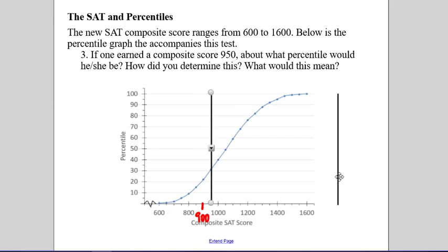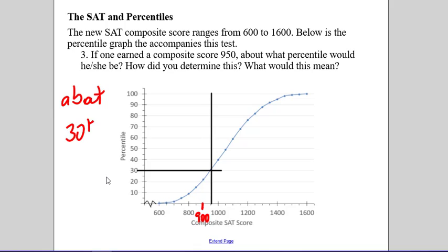And then I'm going to look, where does it cross and hit that graph? So now I'm going to make my horizontal line here and see that it is right about the 30th percentile where it's crossing. Maybe a little higher, but we could say about the 30th percentile.